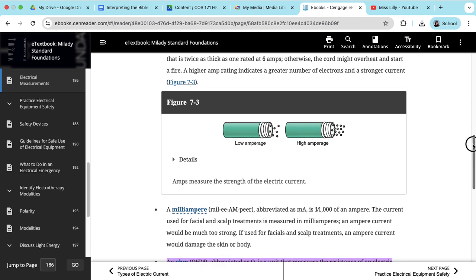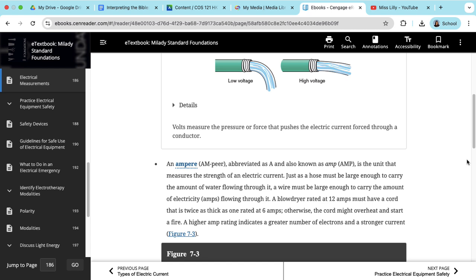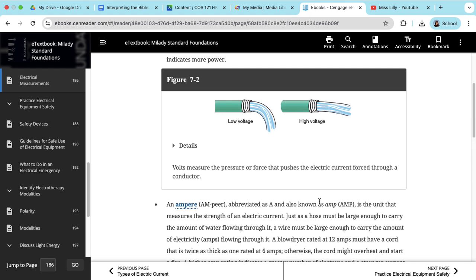A milliampere is 1 in 1000 of an ampere. The milliampere current is used for facial and scalp treatments because an ampere current is too strong. Ampere is the unit that measures strength of the electric current.